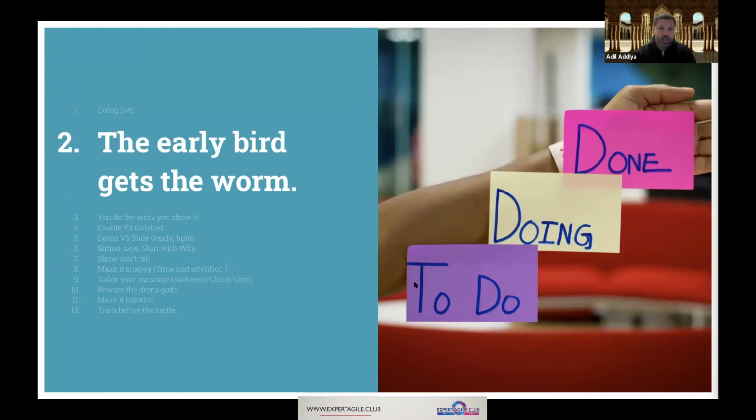Next point is start preparing the review, the demo, as early as possible. A lot of people I worked with in the past often wait until they are done working, or sometimes they wait until the review is close to start preparing.